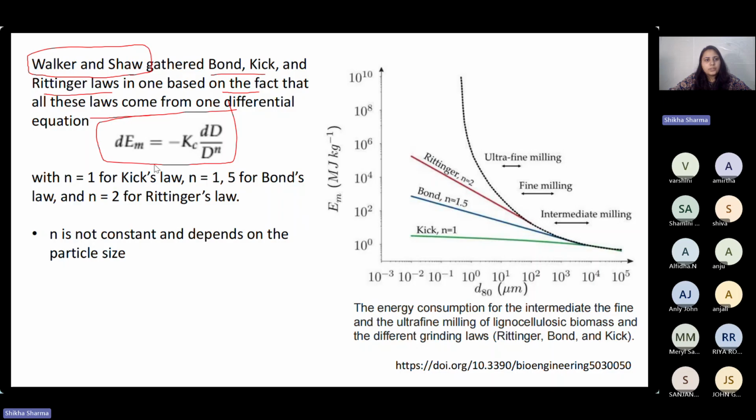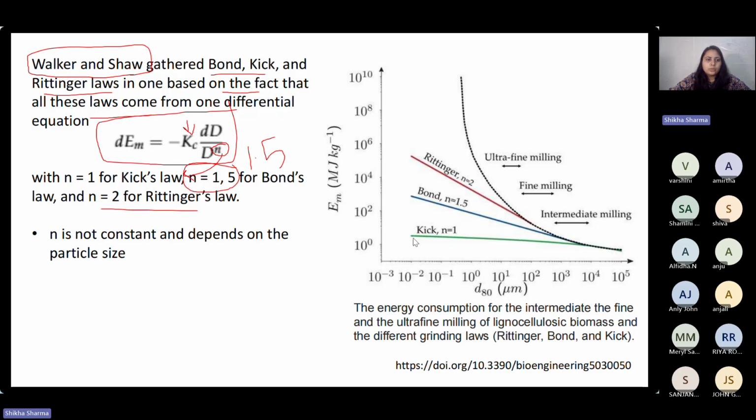So the energy dE equals minus Kc, which is a constant, into dx by x to the power n. Here n is 1 for Kick's law, 1.5 for Bond's law, and 2 for Rittinger's law.